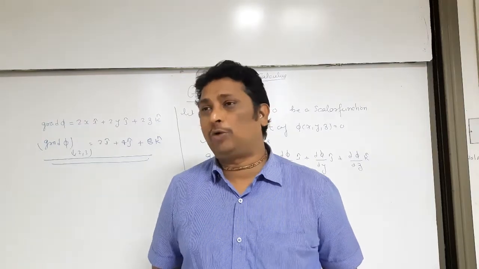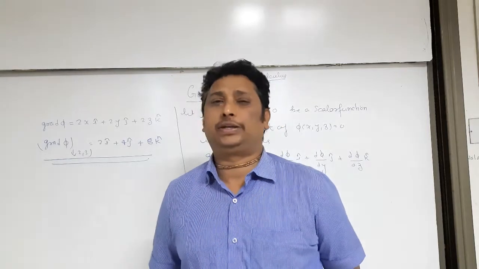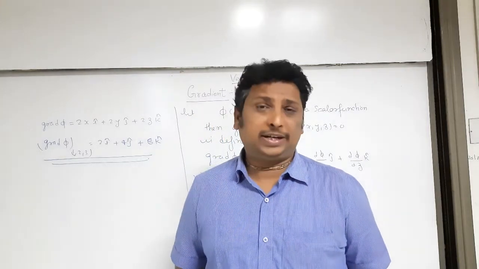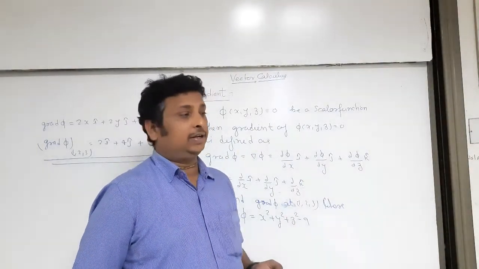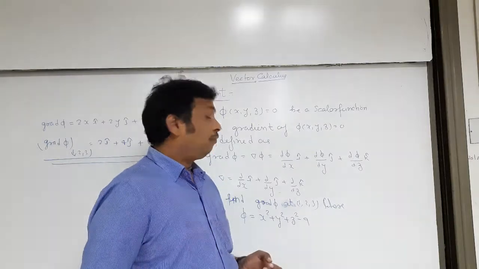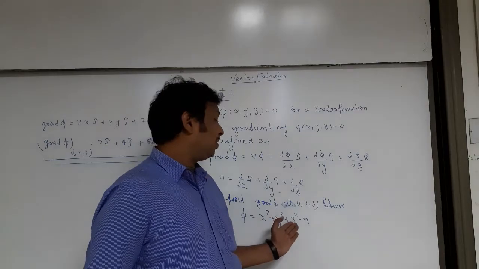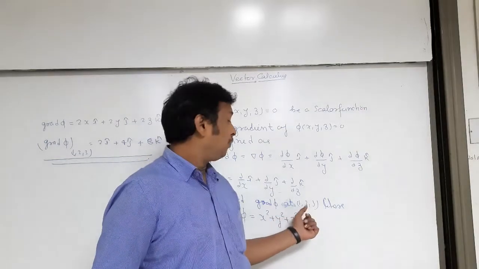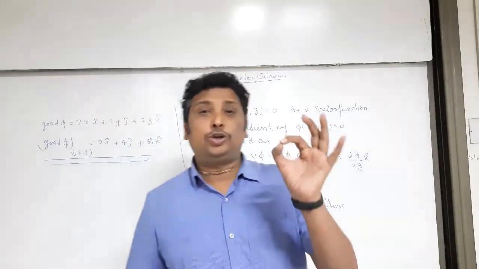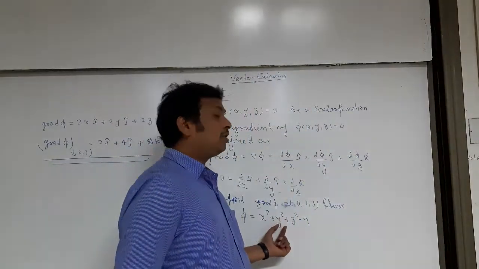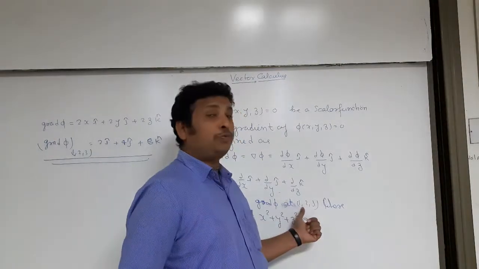So easily we can calculate the normal vector on any given surface at any point. Just calculate the gradient. For example, if someone asks: find the normal vector on the surface of the sphere x square plus y square plus z square is equal to 9, at the point 1, 2, 3.